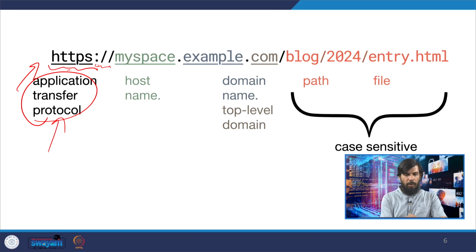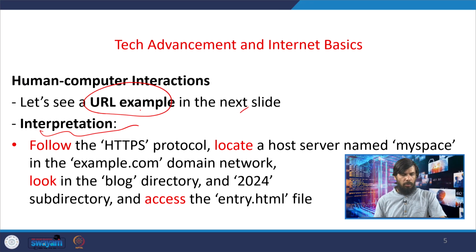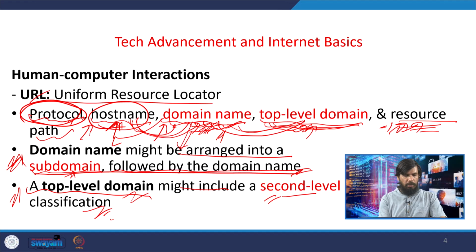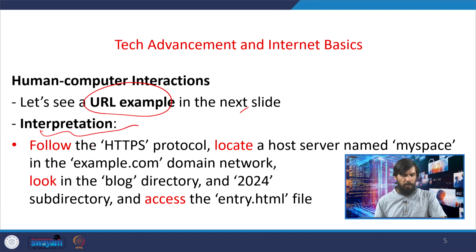Then after the delimiter we have MySpace, which is the host name, right. So, the second component was the host name. The protocol is to be followed for that access and that communication, and then the host name tells where the machine is.